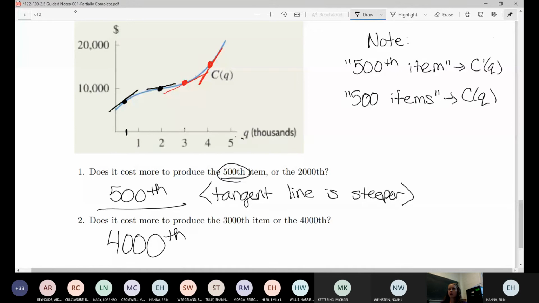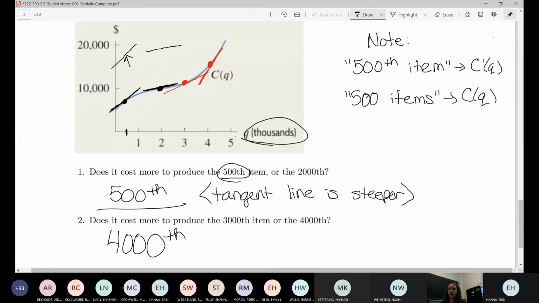The 500th item, since this is in thousands, is going to be over at the 0.5 point. So if I go over to 0.5 and draw my little tangent line, and then I go over to 2 and draw my tangent line approximately there. Technically we want 1.999 because we want to look at the one directly before it. Now between those two lines, I've got one that looks like this versus one that looks like this. Which one of those lines is steeper?